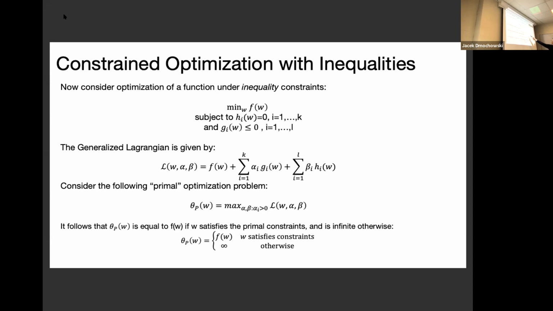However, if you pick a W that doesn't satisfy the constraint, then this becomes some number, positive or negative. In either case, you can pick a beta that makes this go to infinity. And so the maximum of this Lagrangian becomes infinity everywhere except for the points that satisfy the constraints.